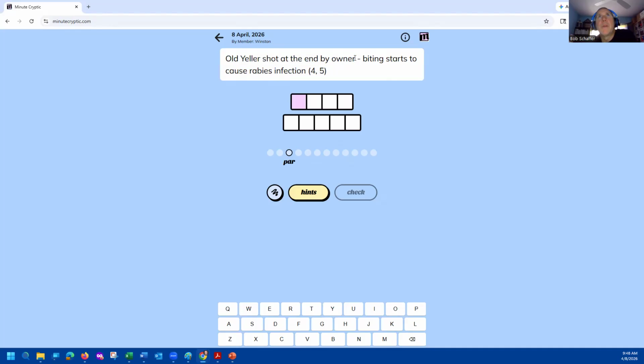Is old yeller shot at the end by owner an example of like a plot twist type of thing? Plot twist? That's 4 or 5. How in the world would I get that from this? I don't see that. I guess I should type it out just because I saw it, but yeah.